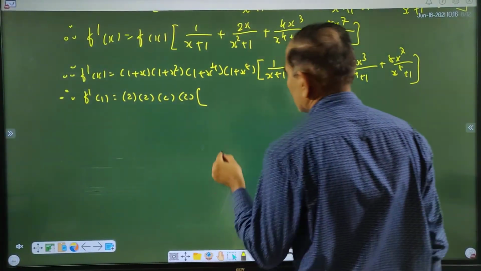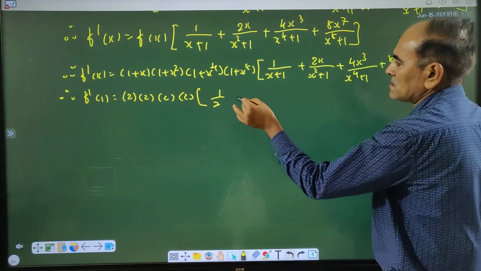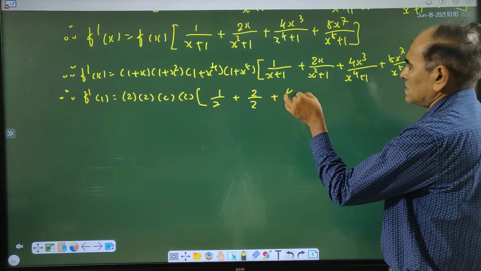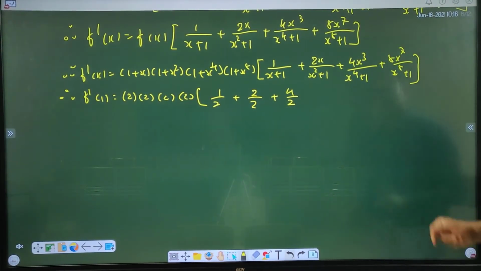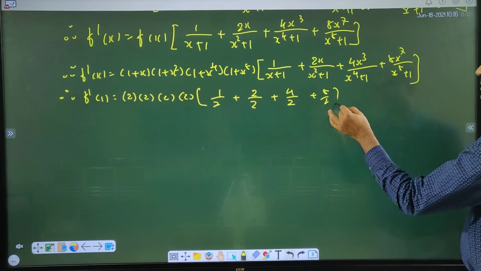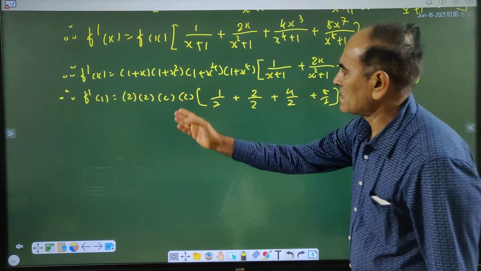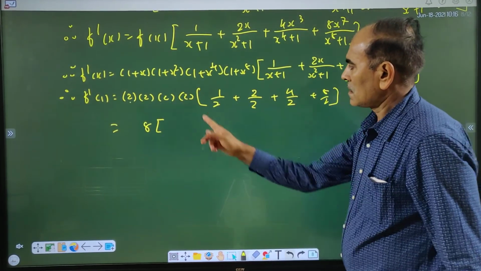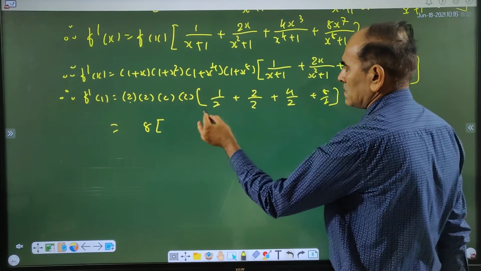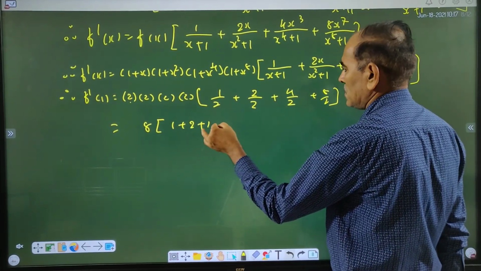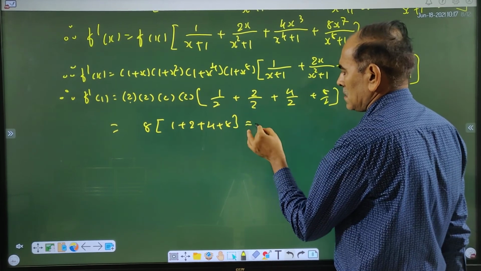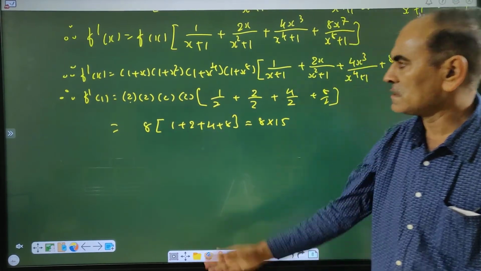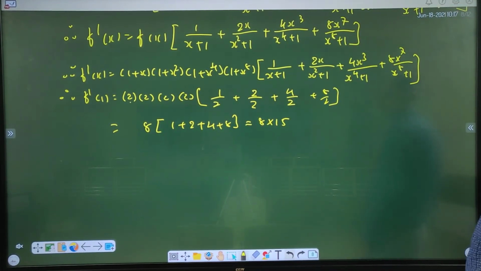Here 1 over 2, plus 2 over 2, 4 over 2, 8 over 2. 2 is the LCM, that cancels. 2 times 4 times 8 times 2, LCM 2, we get 1 plus 2 plus 4 plus 8, that is 8 into 15. This is the answer. That is 1.